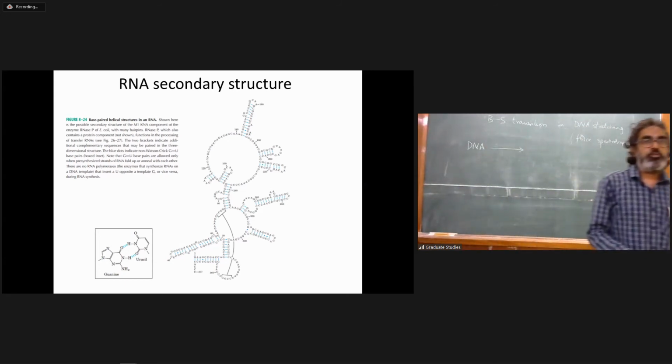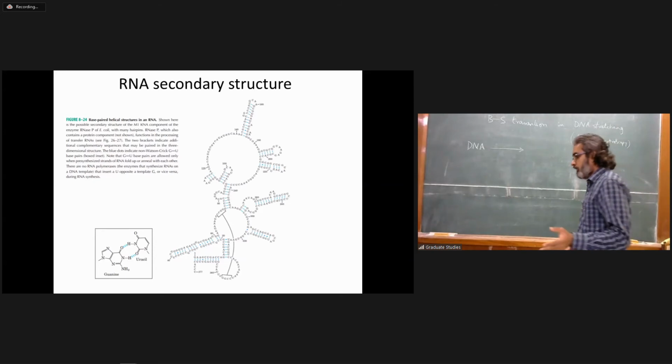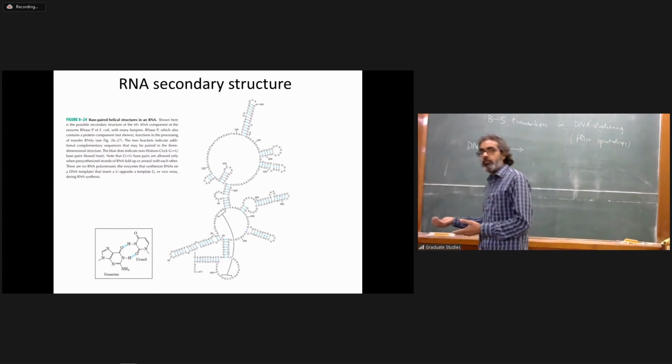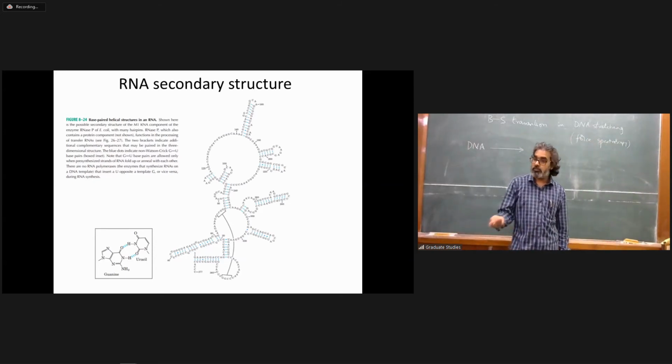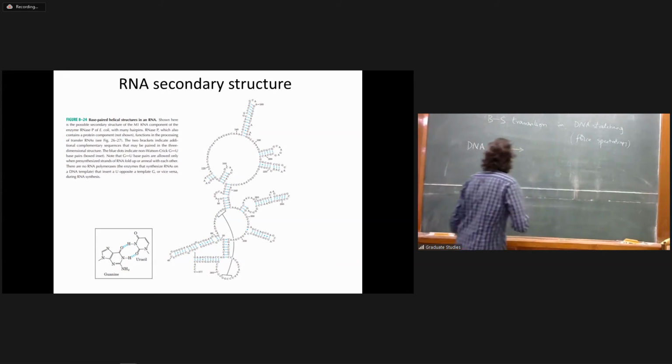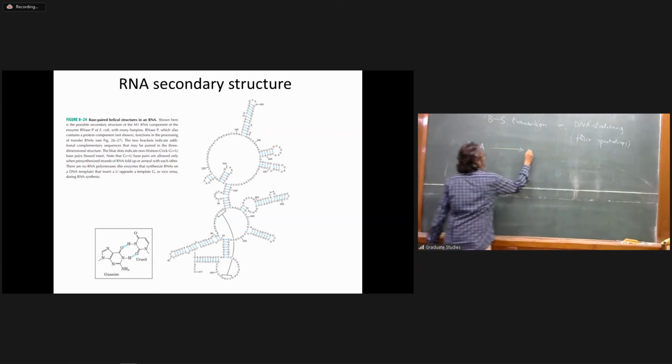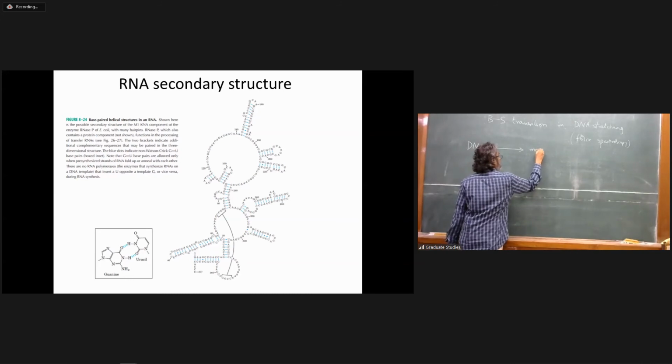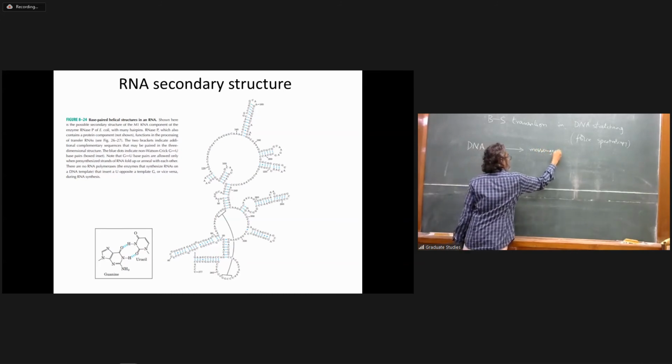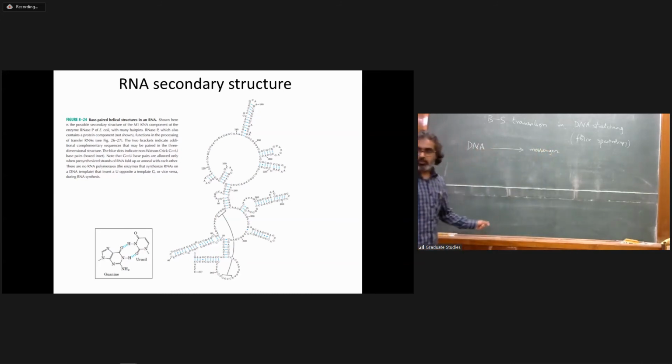But it carries the information. It cannot by itself go everywhere and transfer the information. So you need a messenger which carries the information from the DNA to everywhere else, typically to generate proteins.